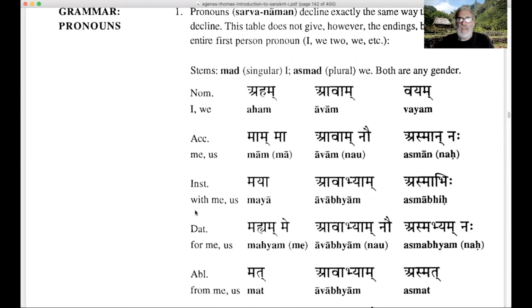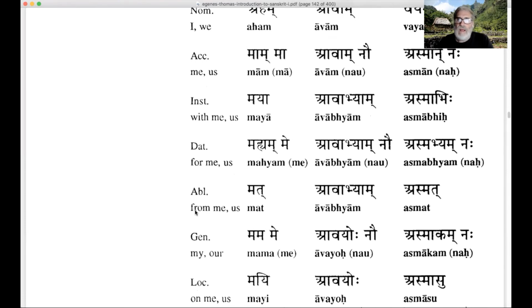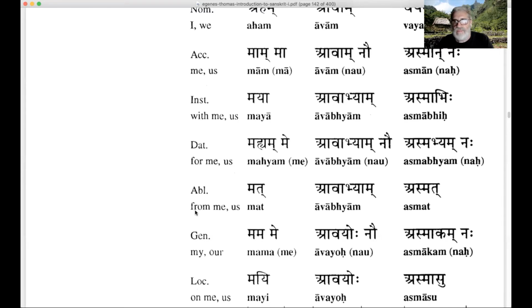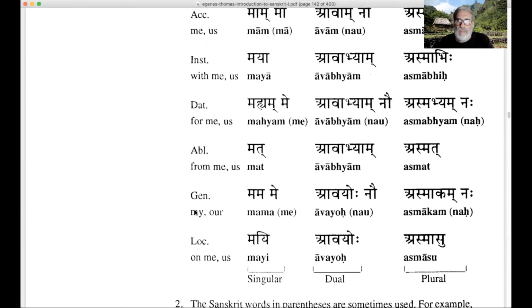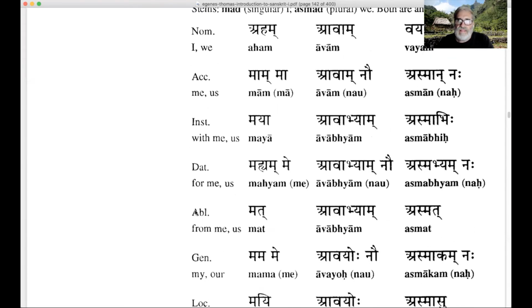Aham avam vayam. Mam avam asman. Maya avabhyam asmabhihi. Mahyam avabhyam asmabhyam. Mat avabhyam asmat. Mama avayoho asmakam. Mayi avayoho asmasu. Right? So that's how we decline it.